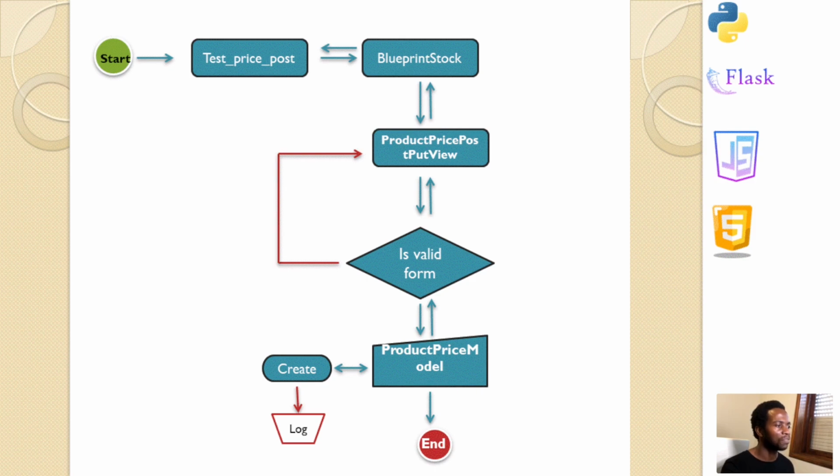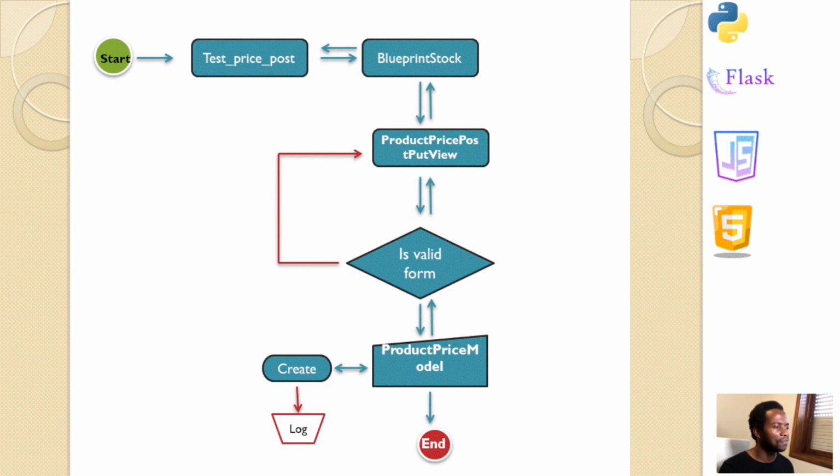The form data comes from test price post. It is a post method. Here we filter which method we are requesting, and we filter the form data.